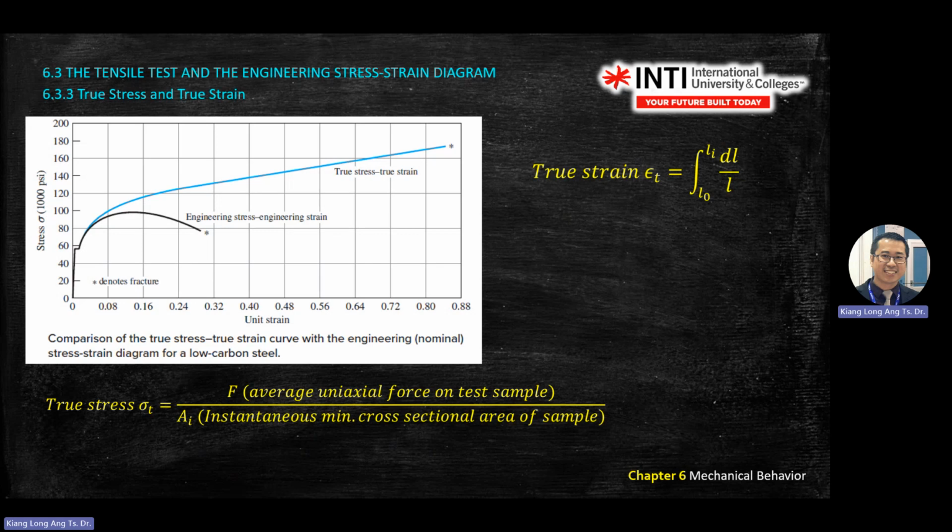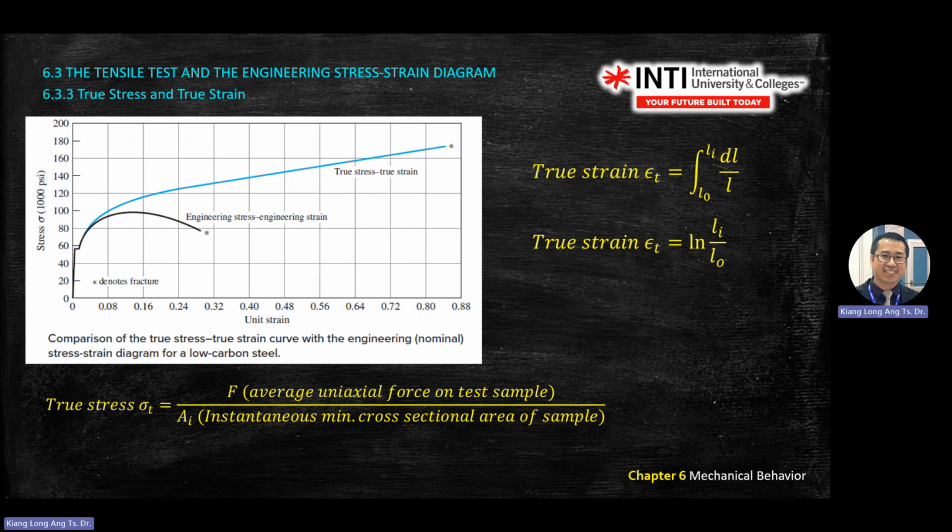However, the true strain is an integration of the changes of strain. So true strain equals the integral from the original length to the instantaneous length that you want, of dL over L. Okay, dL over L. If you do the integration, 1 over L gives ln, so ln Li over Lo.